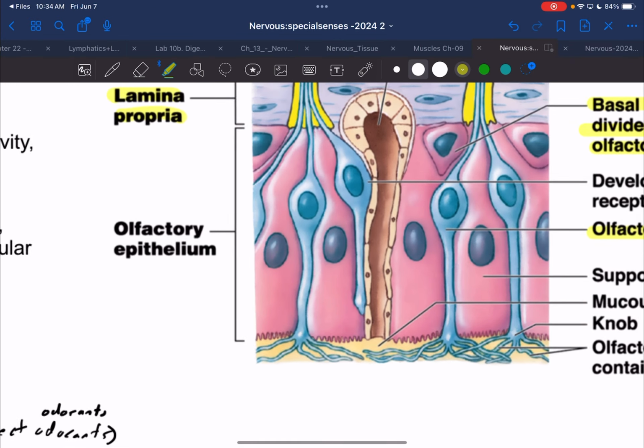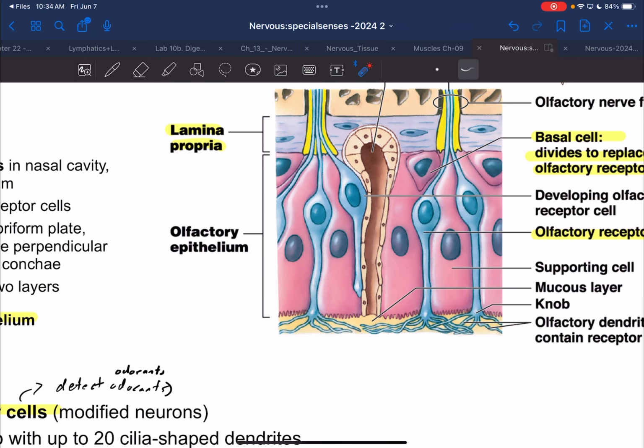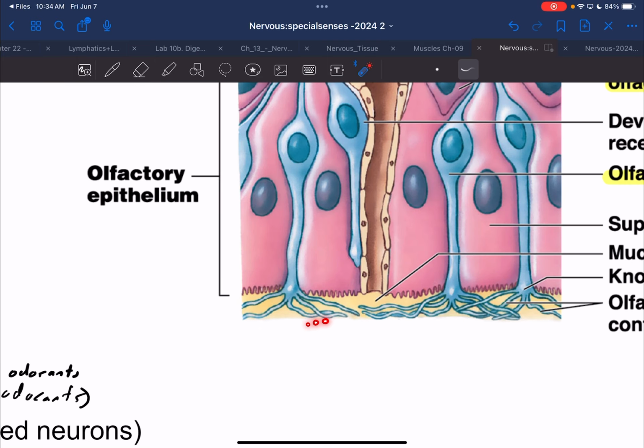And so, the only thing to show is that you can see that there's this gland here. This will secrete mucus, and this mucus will help all those molecules dissolve into the space, and then those action potentials will be sent into the brain by all these olfactory receptors.